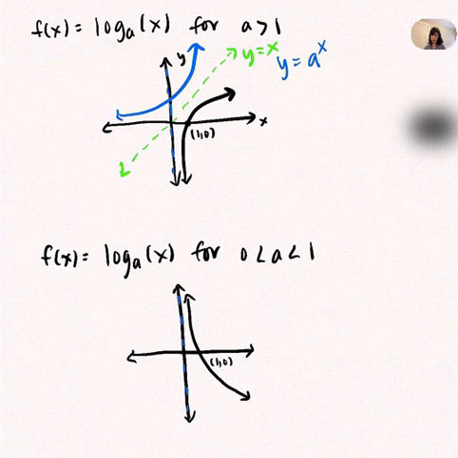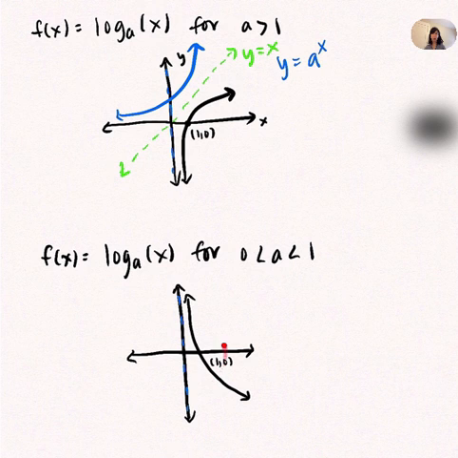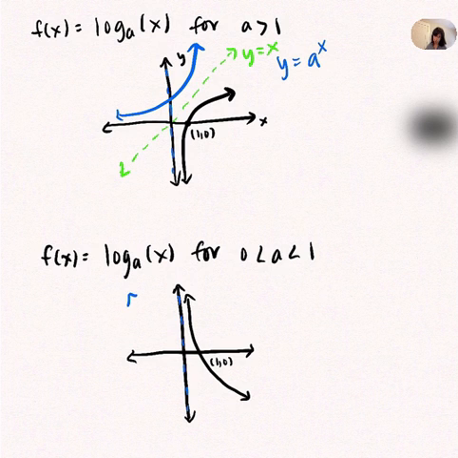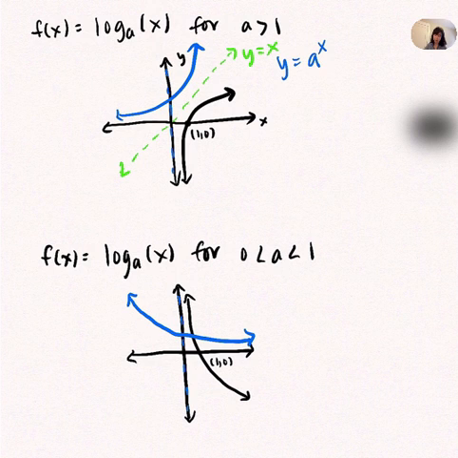It's similar for this graph below. We reflect the graph of y equals a to the x for a between 0 and 1, which looks like this. We reflect it over the line y equals x.